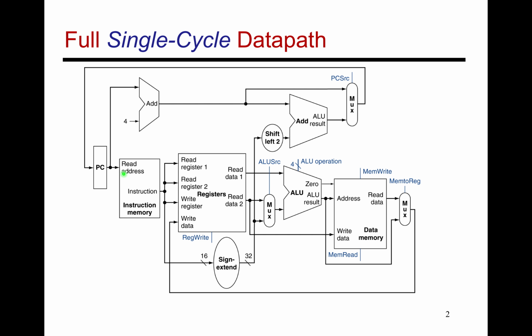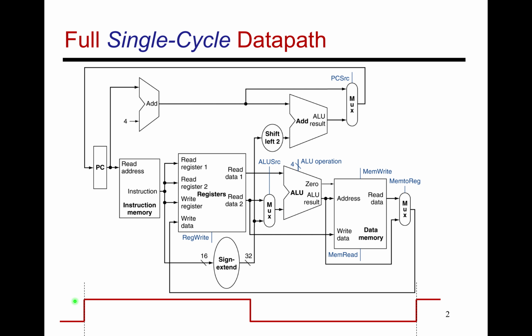So the issue with this data path implementation is that all of the operations, from the beginning where we read an instruction from the memory, from the location pointed to by PC, to the time that we write the result back into the registers, all of these operations in this combinational and sequential logic have to be carried out in one clock cycle.